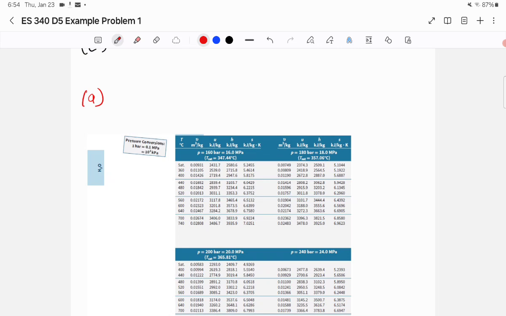So basically, when we're navigating these tables, the best thing to do is to examine which tables give us easiest access to the information that we're looking for.